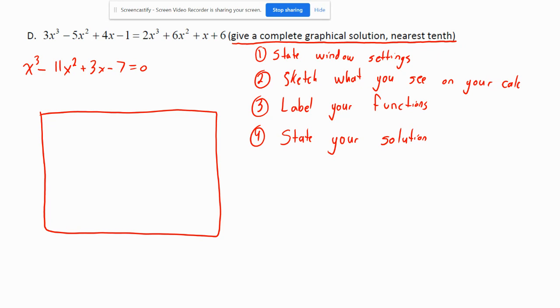And what I see here is I'm not seeing a great picture. So I'm just going to modify my window settings here. And I'm seeing something like this.